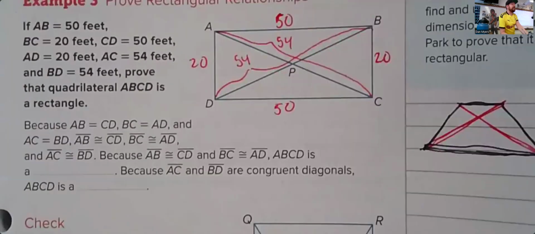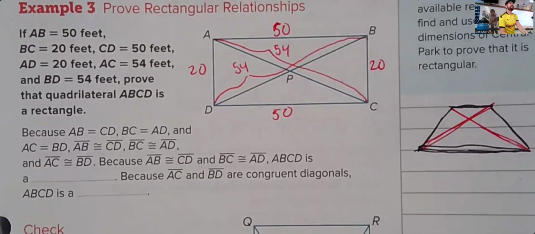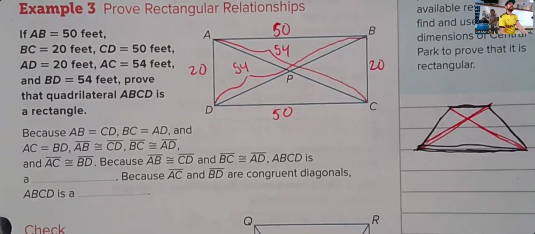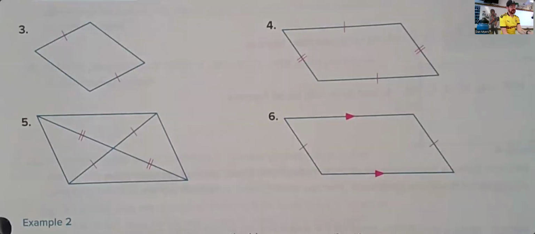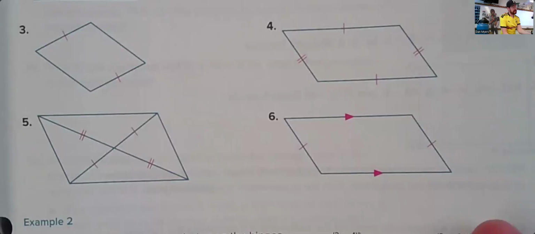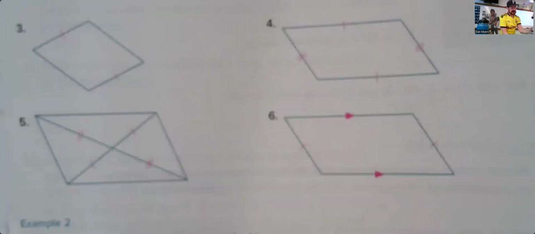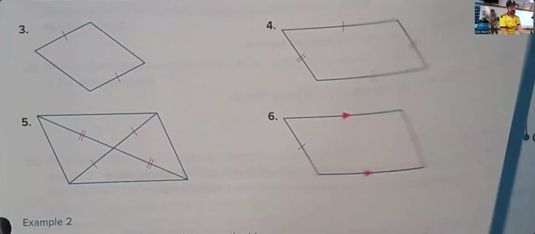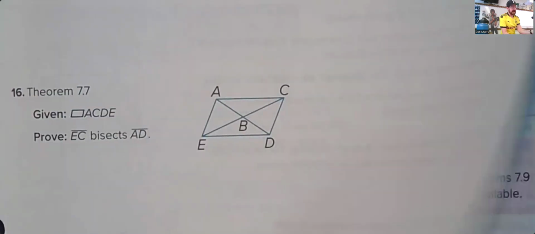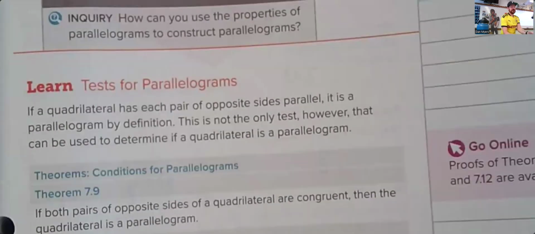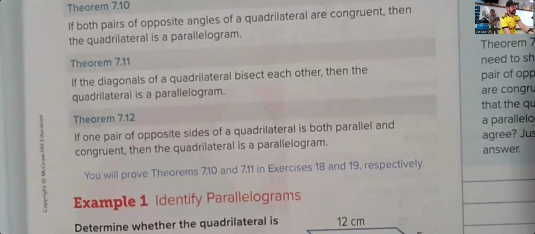Is this a parallelogram? Why? Exactly. Opposite sides are congruent. We learned in our parallelogram section, actually it was lesson 7.3, tests for parallelograms, that if opposite sides of a quadrilateral are congruent, then the quadrilateral is a parallelogram.